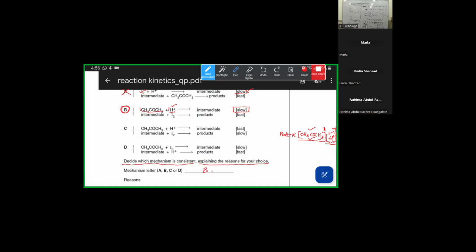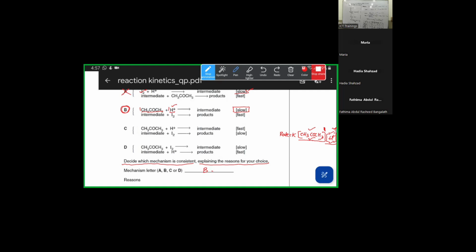The reason you should write is that in the rate equation we have one order of CH3COCH3 and H positive, and in mechanism B we have one mole of CH3COCH3 and H positive in the slow step. So that is why the rate equation is consistent with this mechanism.